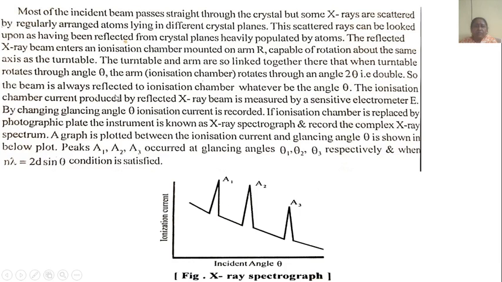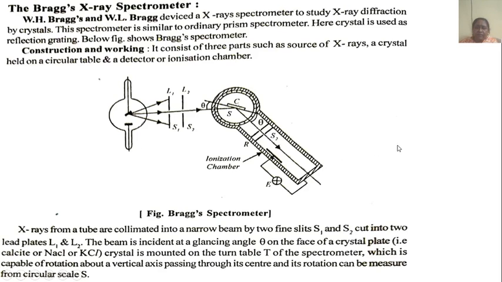So the beam is always reflected into the ionization chamber whatever the angle theta. The ionization current produced by the reflected X-ray beam is measured by a sensitive electrometer E.